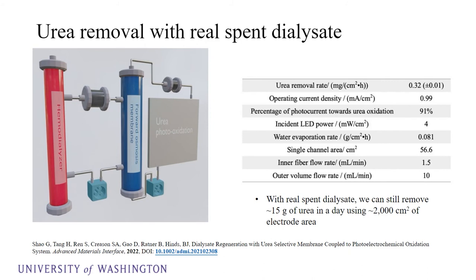But if we do the numbers, we found that using real spent dialysate, we can still remove 15 grams of urea in a day using about 2,000 square centimeters of electrode area. So that means we have gotten rid of the interference in urea removal.